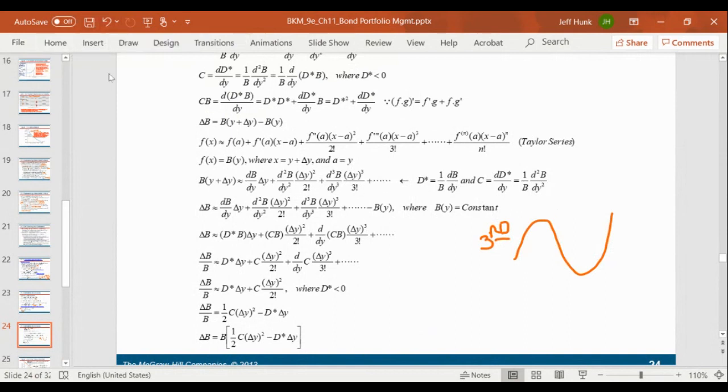Actually, third order is like this. But we don't need that, because we need only curvature like this. Second order, or quadratic, is enough. Quadratic approximation is enough.